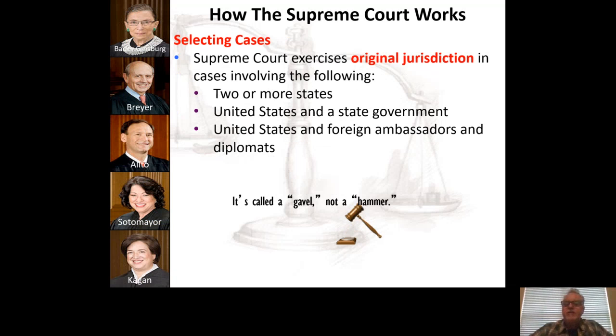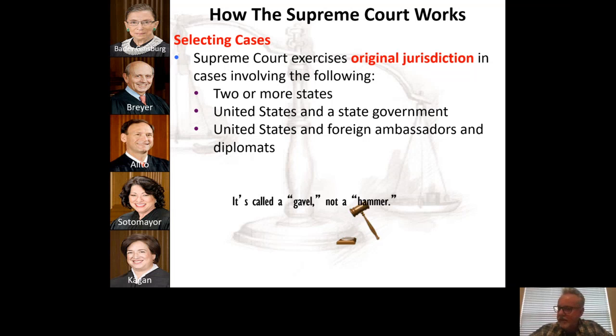The Supreme Court is a court of appellate jurisdiction, but they do hear cases a couple times a year in which it involves two or more states, the United States against the state government, or a foreign diplomat. And so there are instances in which the Supreme Court becomes a trial court. There have been years that there have never been cases of original jurisdiction. And in most years, I don't know of a year that it ever exceeded 3.